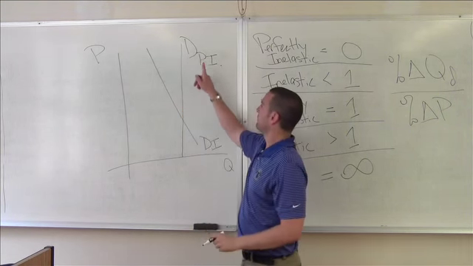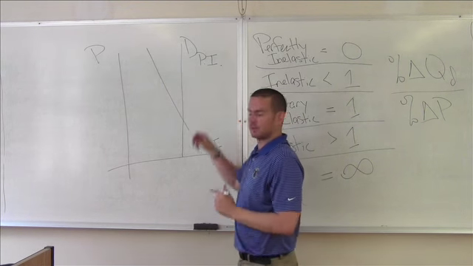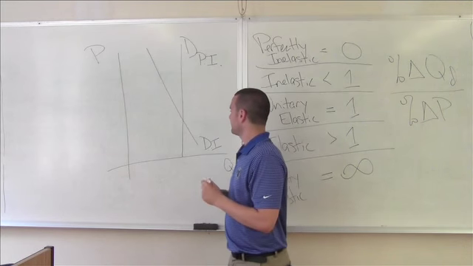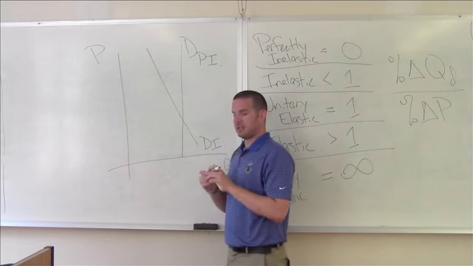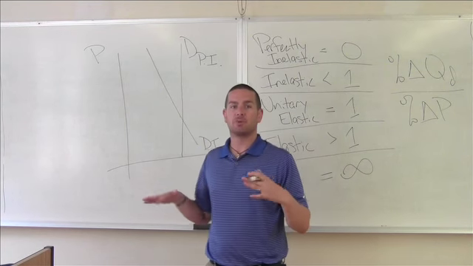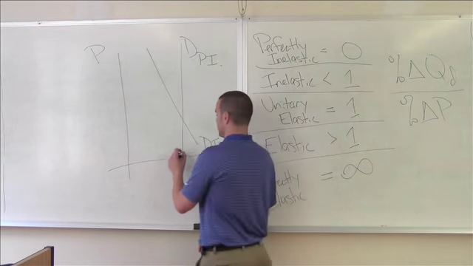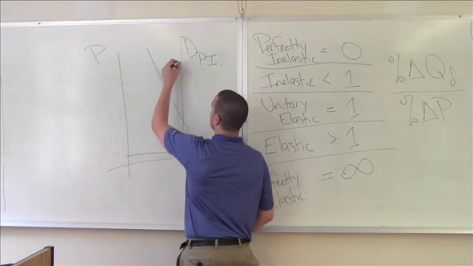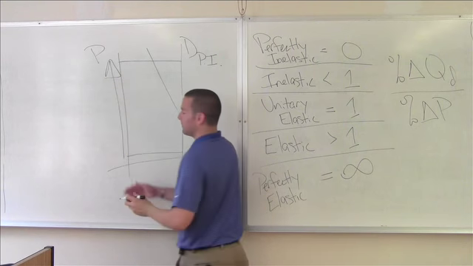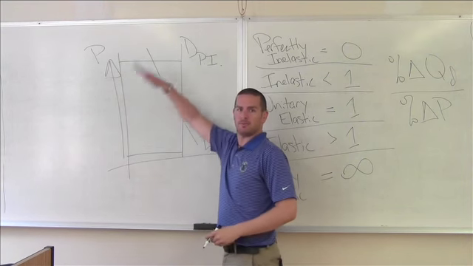That's a perfectly inelastic demand curve, okay? What do I mean by that? Think about the gasoline example again. No matter how much the price changed, let's say the price went from here to here, all the way up.